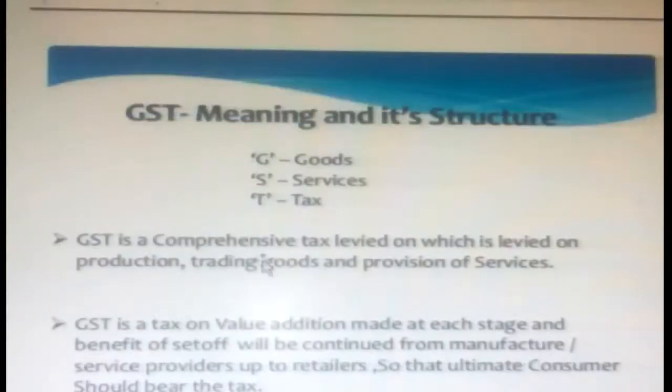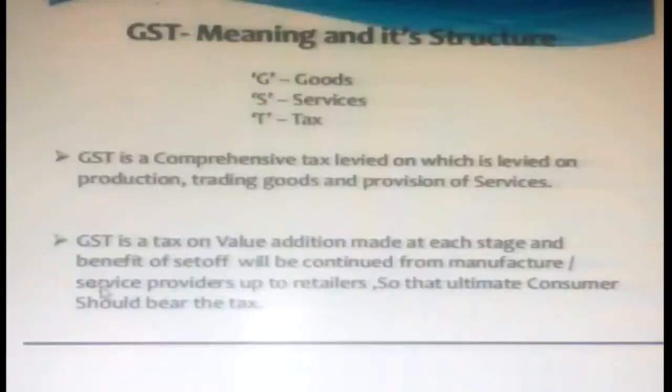So GST is a comprehensive tax levied on production and trading of goods and provision of services also. So all three together: the production point of view, trading, buying and selling, and service provided.